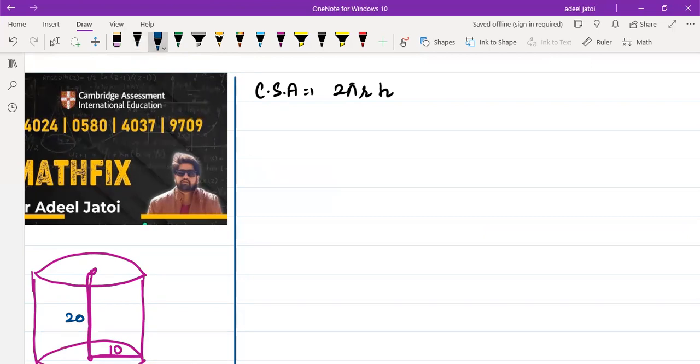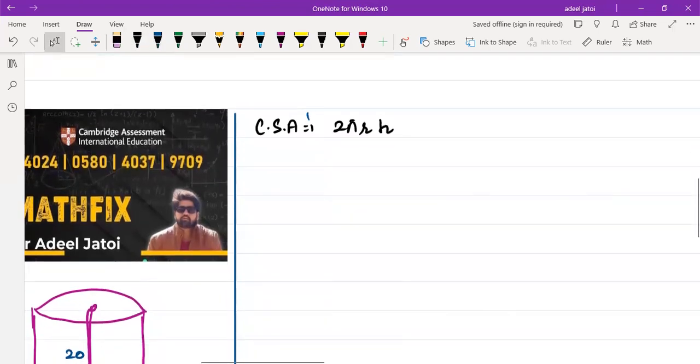And you already know that your r is 10, and the height is 20. So 20 into 2 is 40, and 40 into 10 will become 400 pi.